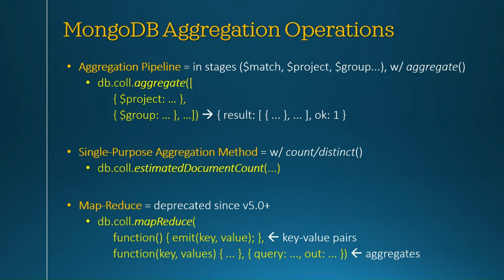This is done in stages, with the aggregate method, as you can see here, db.collection.aggregate. This works on a collection. First of all, there are some limitations, and you have to learn about the different operators they have for the stages, because each one of them performs basically a specific operation, just like the select clauses.